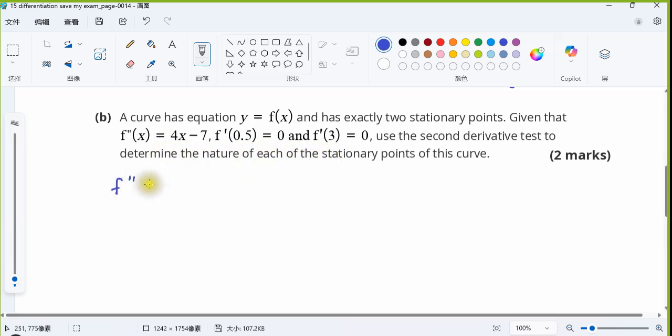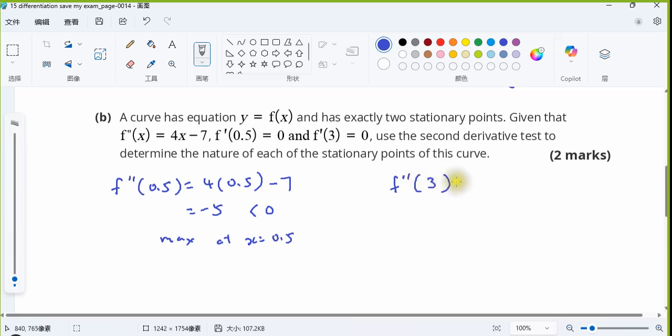So f double prime of 0.5 is 4 times 0.5 minus 7. So it's negative 5, less than 0. So it is a maximum at x equal to 0.5. The second derivative at 3 will be 4 times 3 minus 7, which is 5, greater than 0. So minimum at x equal to 3.